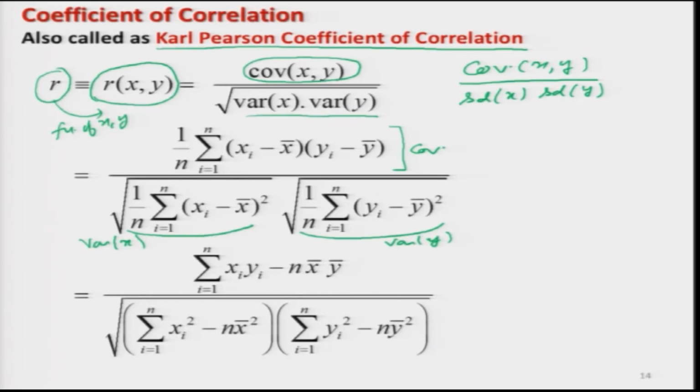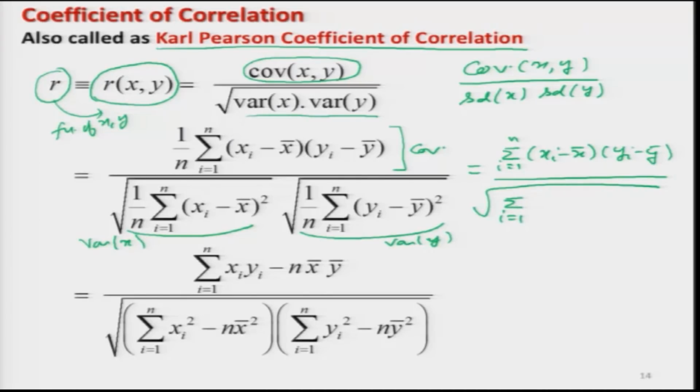So, this is the expression for the correlation. This can be simplified if you want to make it clearer. This is summation of xi minus x bar times yi minus y bar, divided by the square root of summation i goes from 1 to n of xi minus x bar whole square and summation i goes from 1 to n of yi minus y bar whole square.